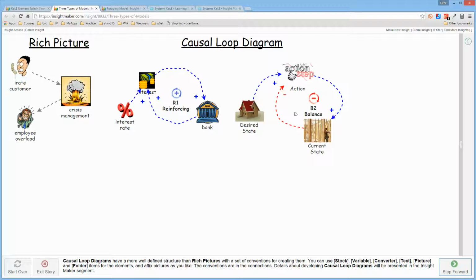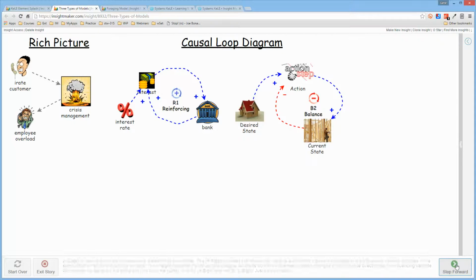And the negative influence means that as the current state increases, it detracts from or decreases the action step. So using causal loop diagrams, because there is a more explicit definition of the relationship, they typically contain more information than rich pictures. Of course, to a certain extent, that depends upon the skill of the person developing them.